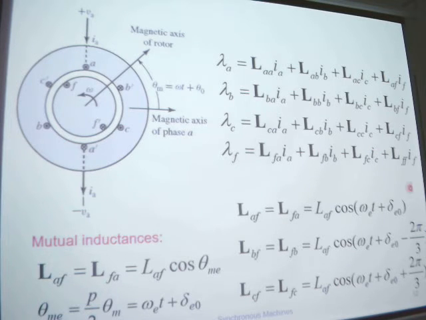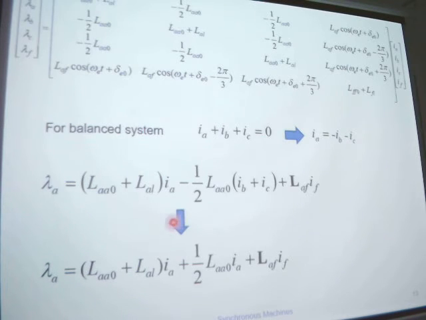Substituting equations for the self-inductance and mutual inductance into the expression of the flux linkages, lambda equals Li, we can get this matrix equation here.